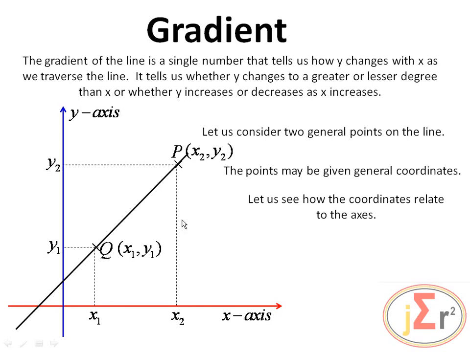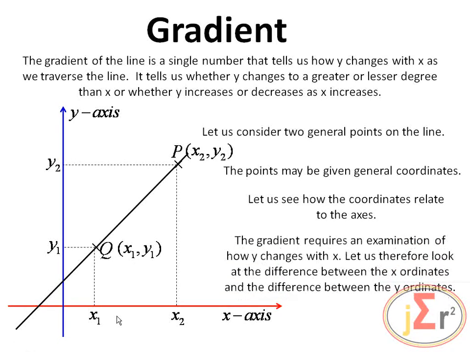But of course we are just using dotted lines in order to get an idea of what these really mean. So it means that if we go in this direction by x2 and then we move up by y2, we would have located this point. And the same thing applies right here. So y1 is the position right here on the axis, and x1 is the position right there on the axis.